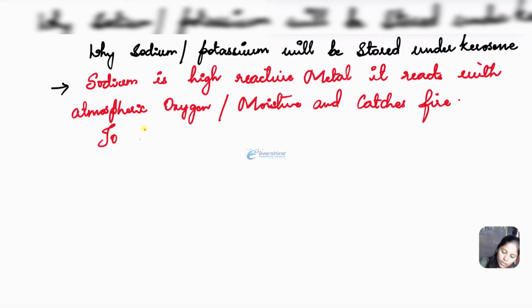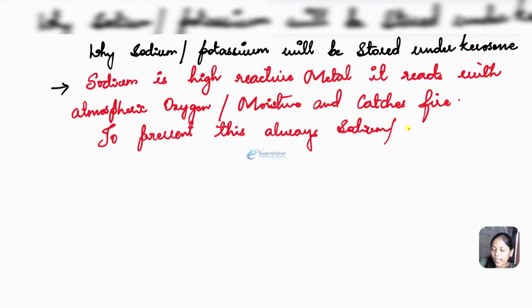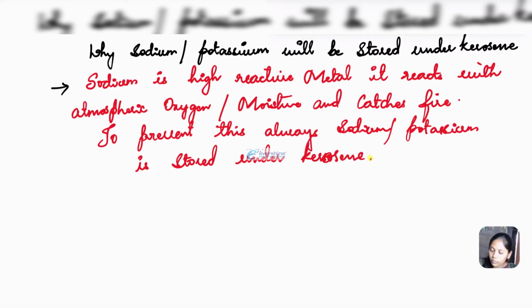To prevent this, sodium or potassium is always stored under kerosene. So this is the answer. You need to write: sodium and potassium react vigorously with atmospheric oxygen and catch fire. To prevent this, they are always stored under kerosene. This is also an important question for the exam.